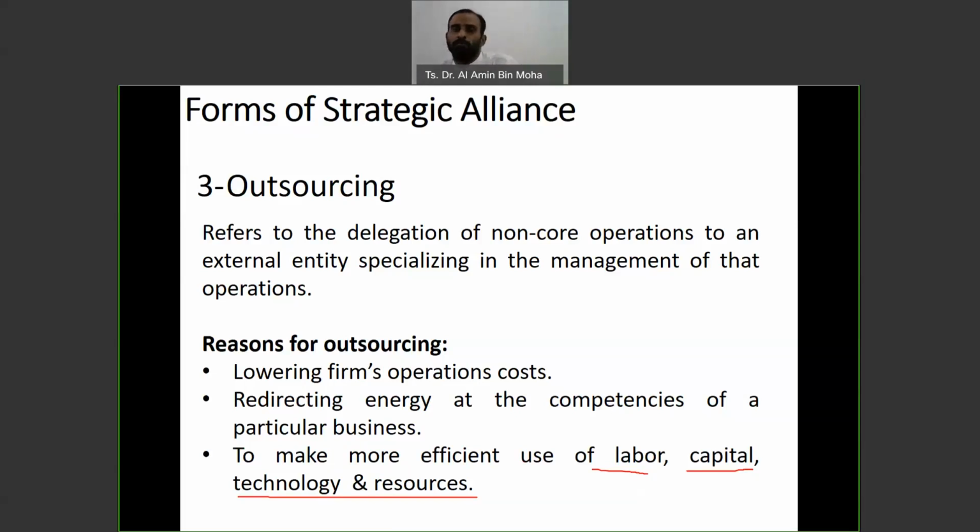So you outsource the second. Okay, so you will lower the firm's operation cost at the same time. So it's basically about planning.